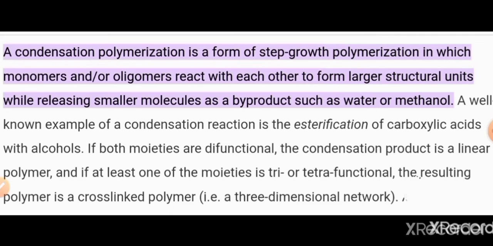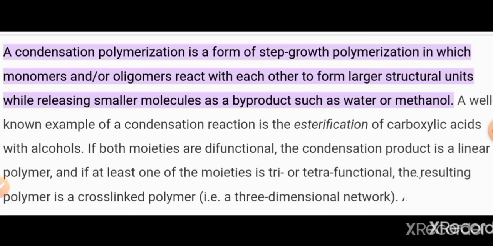In this polymerization, two or more monomers combine with each other to form a polymer, but during this process, small molecules like H2O, methanol CH3OH or NH3 are removed. Therefore, this is considered a condensation polymer.